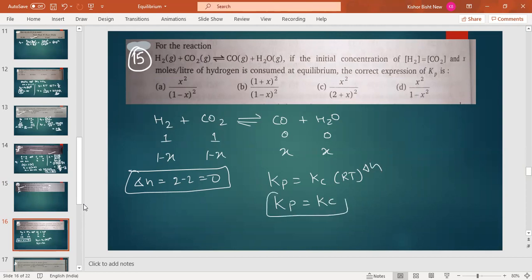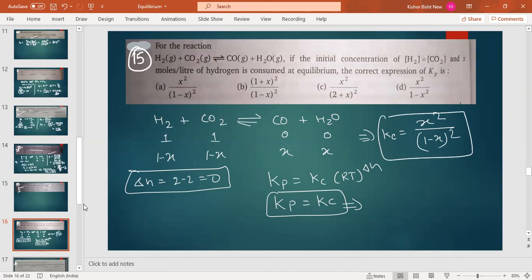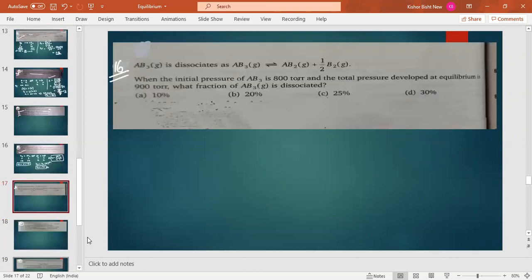So Kc is equal to x square upon (1 minus x) whole square. Now you calculate directly. Product concentration upon reactant concentration, H2 into CO2, that is 1 minus x whole square, and the numerator is x square. So what is your answer? That is A. Come to the next question.